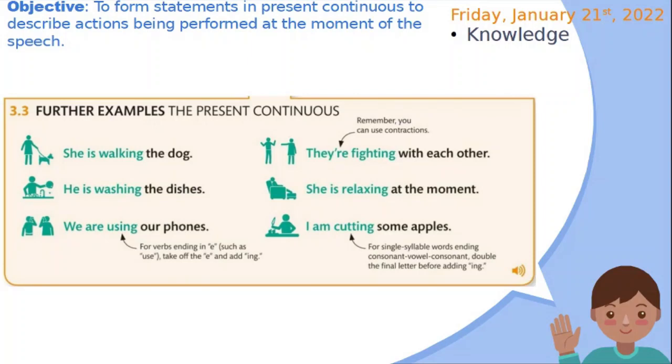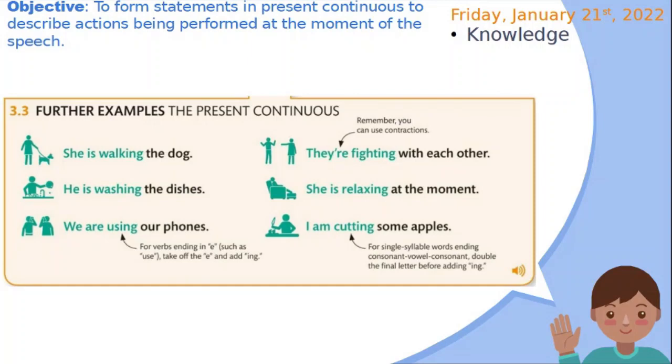Okay, so we can also use contractions for the part of be. When we use the present simple of be, we can do contractions. Like in this case, they're fighting with each other. They are fighting with each other.